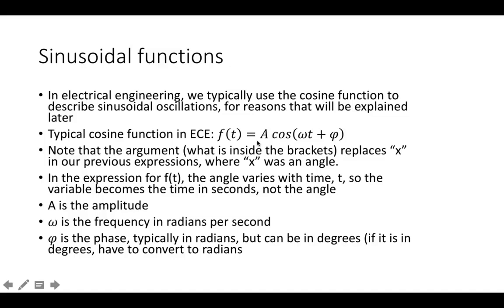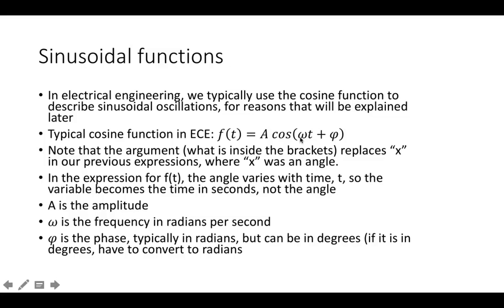So a typical function looks like this. You have some value A, which is the magnitude or the amplitude. In electrical engineering, we tend to call this the amplitude. In physics, they call it the magnitude. We then have the cosine function, and inside it, as the argument, we have omega t plus phi, where t is a variable.